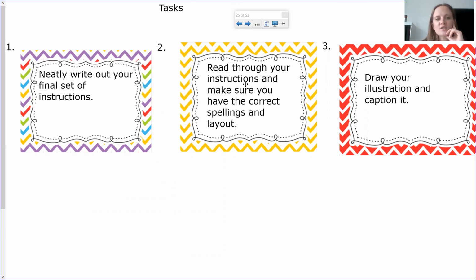Read through your instructions and make sure that you have the correct spellings and layouts and punctuation, like we spoke about in the previous lessons, where you are editing your work, making sure that you have used the correct capital letters, making sure that this is the neatest piece of handwriting you've given me, you've used your subheadings, you've used your paragraphs, everything that you need to include. And then you will finally draw your illustration at the bottom and you will caption it.